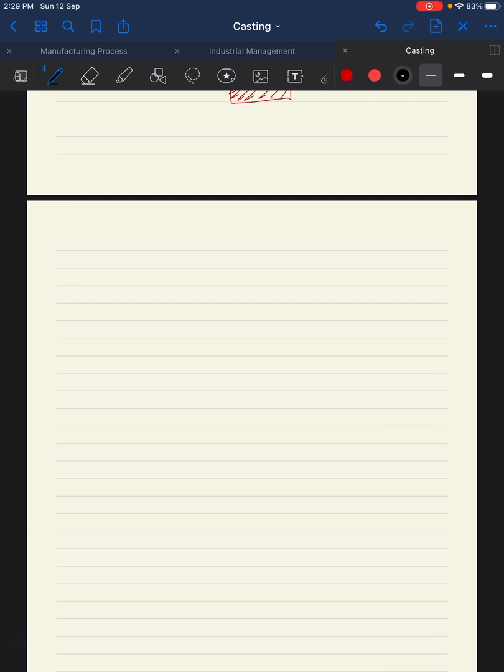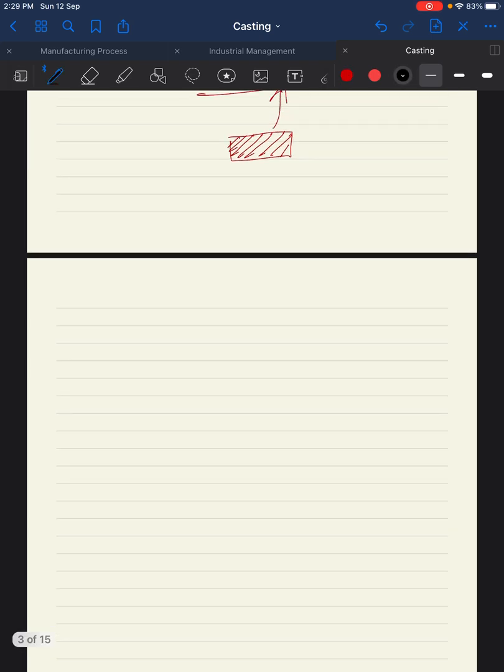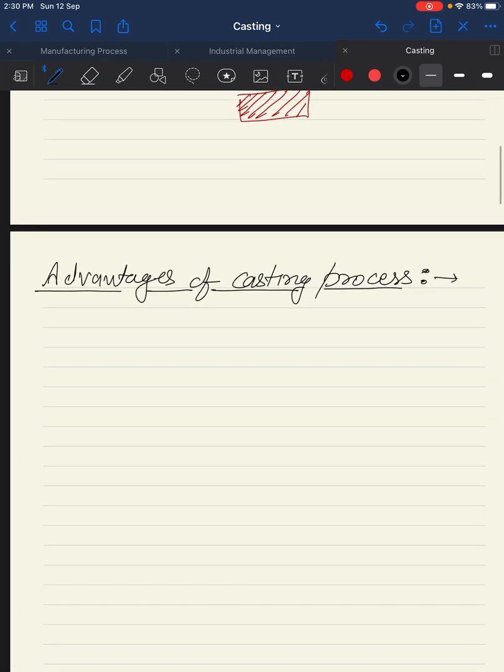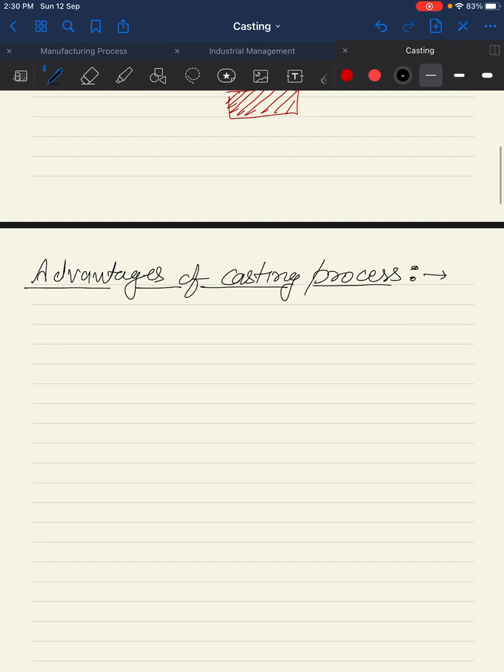What are the advantages of the casting process? The advantages are very simple and important because the application of casting is wide.